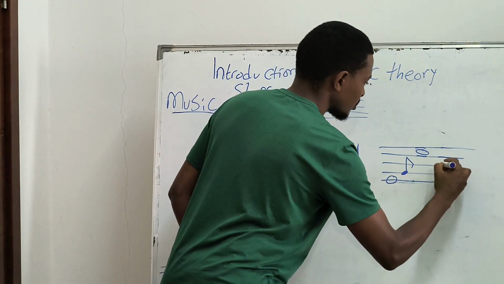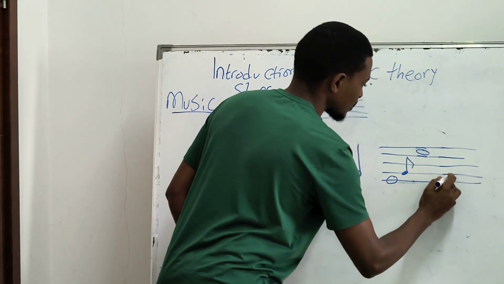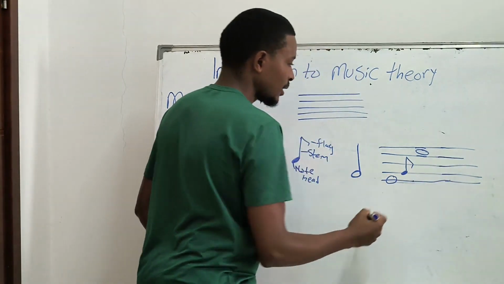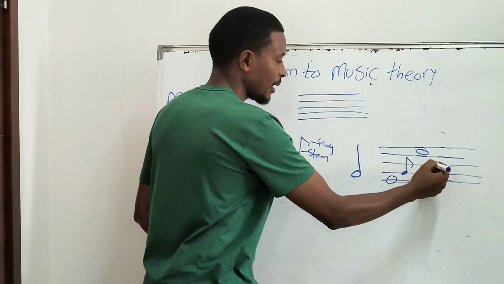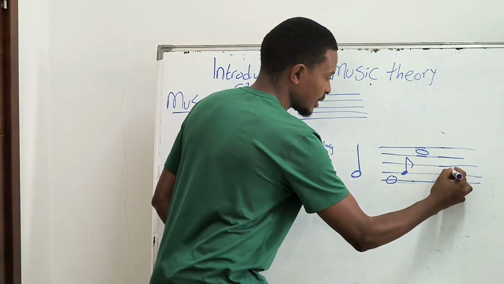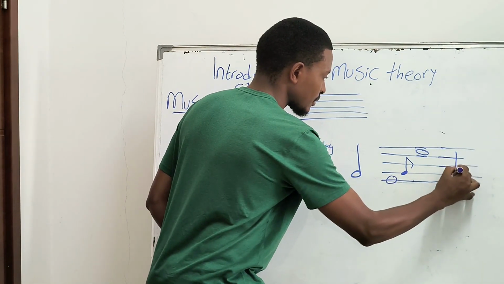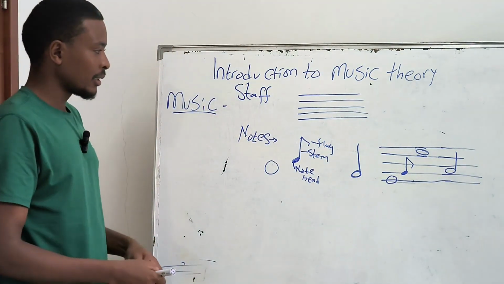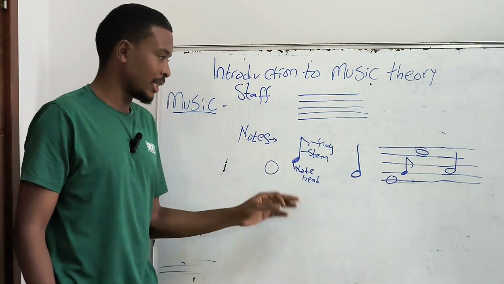Extend it a little bit. So we have our semibreve here inside the space. Then if you are going to have this note inside the space, it might look like this. So your music paper must be very neat.